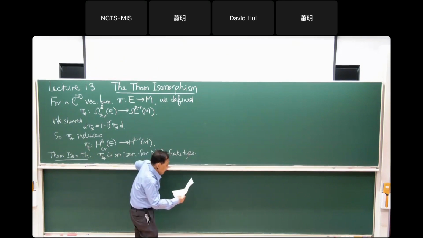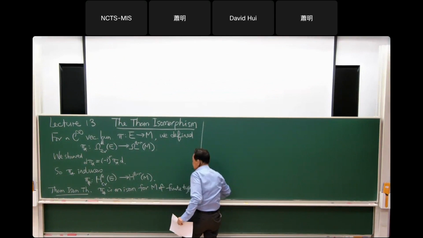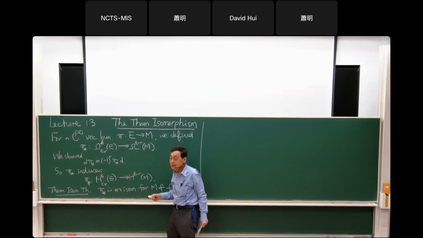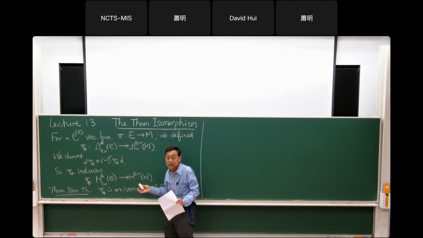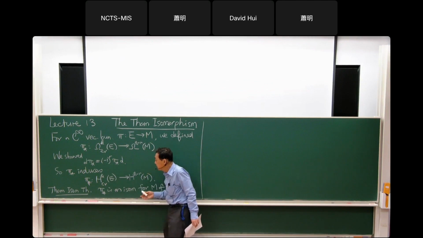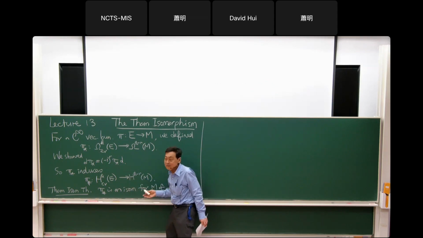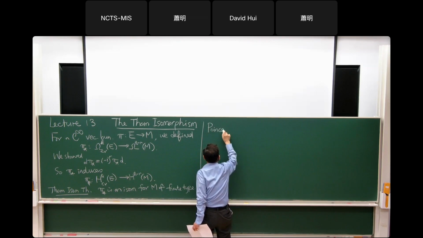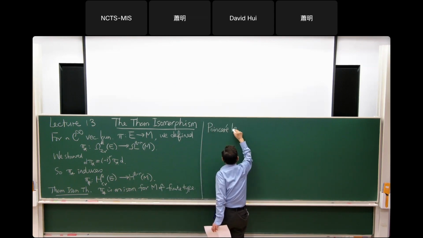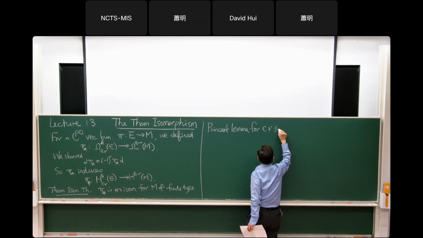Okay, so in order to prove the theorem, we have to start with the base case, and so we're going to first prove it for a product bundle, okay? And the theorem for a product bundle is called the Poincare lemma for compact vertical support.